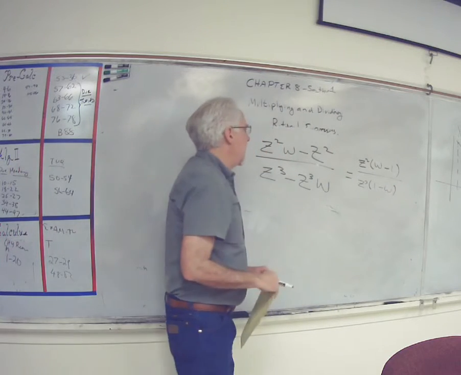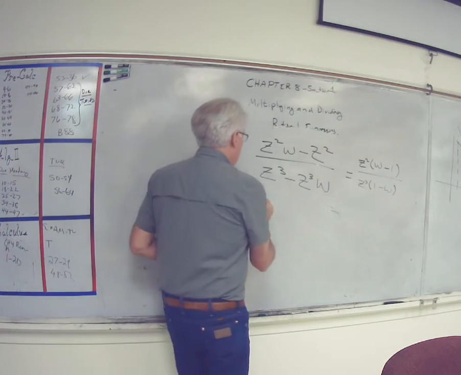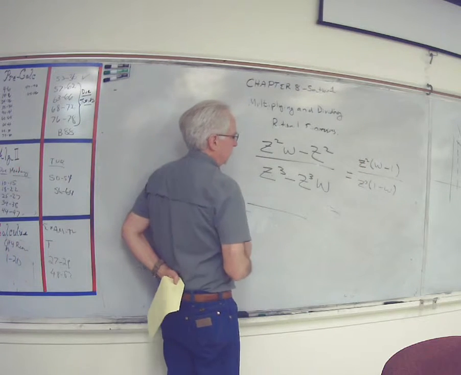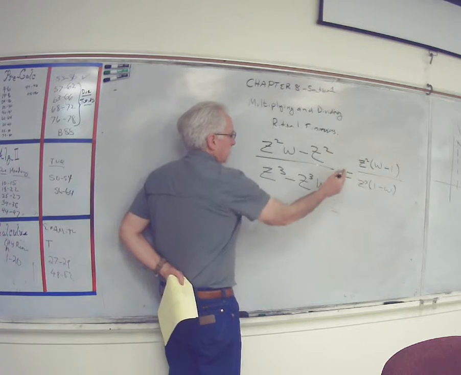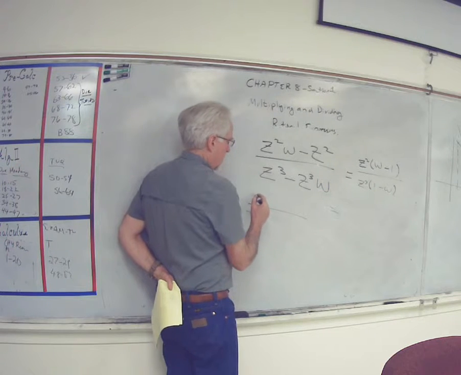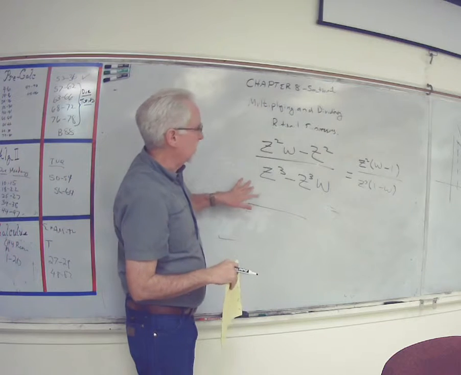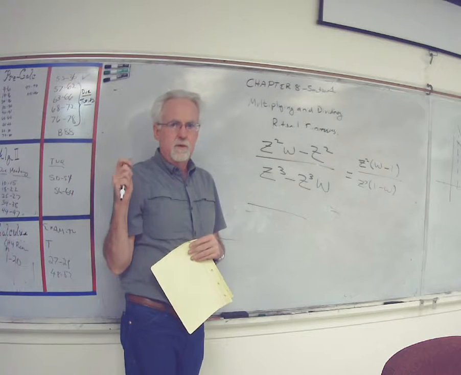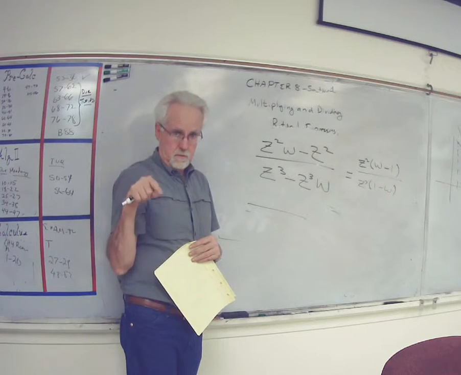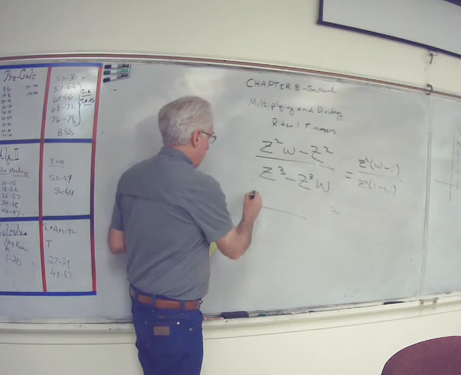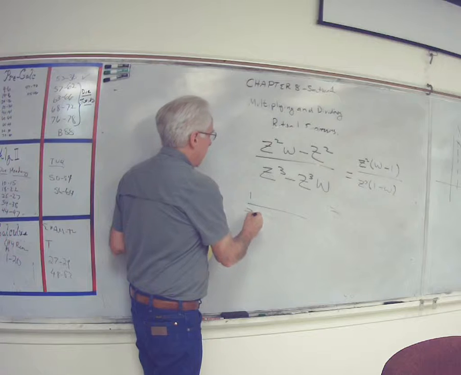Okay. Now what can I do here, Jaden? Z squared over z cubed ends up being what? 1 over z.